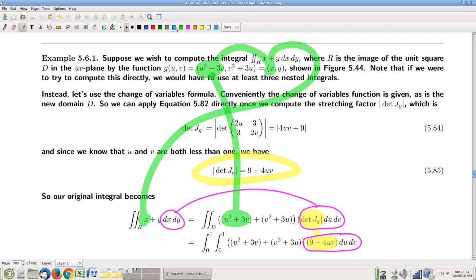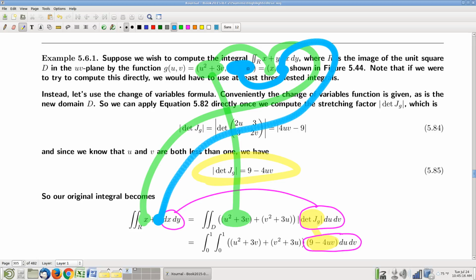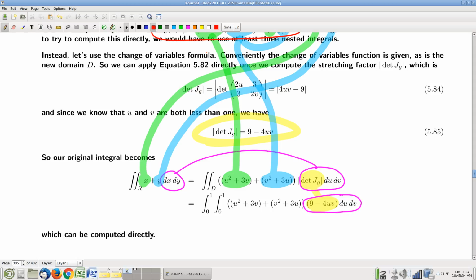What is y? Well, y is the second coordinate of the change of variables function. It is v squared plus 3u. So x plus y you can rewrite just by using the change of variables function itself. Everybody happy? And then it's all plugging in at that point.